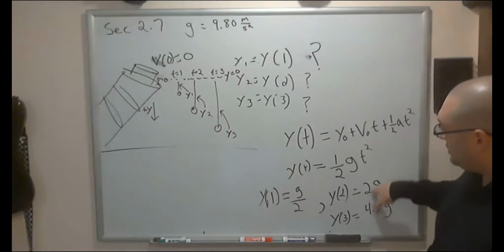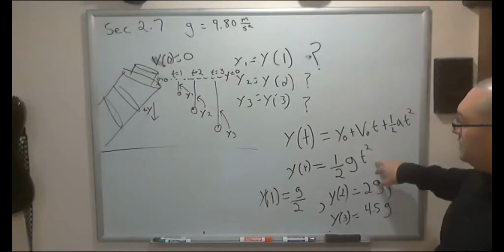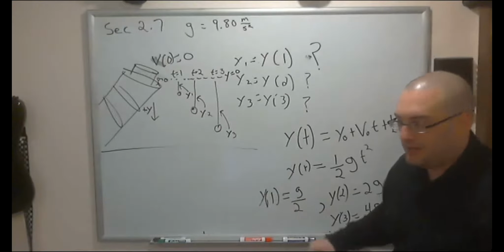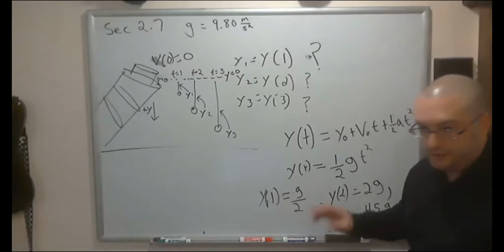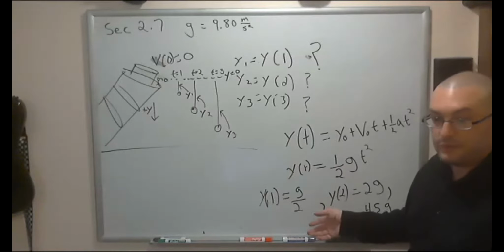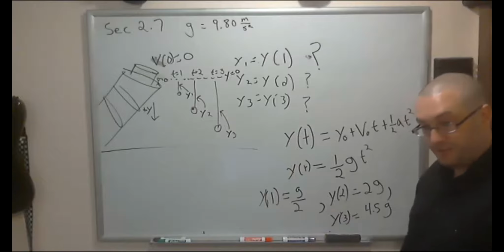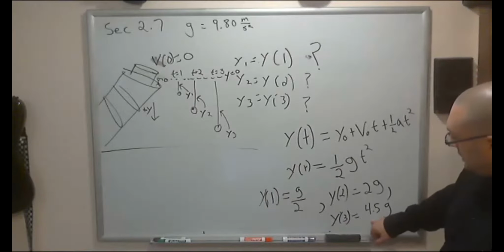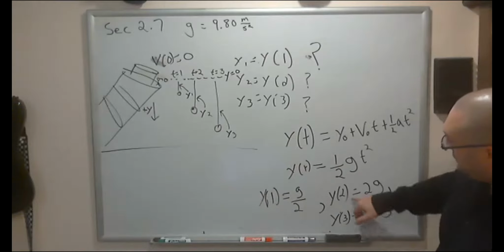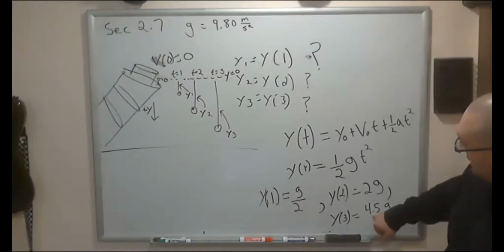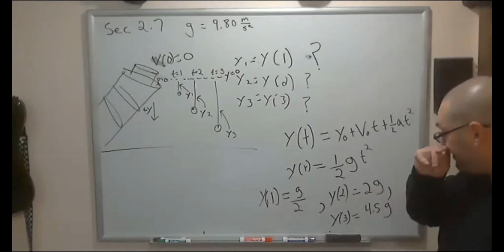Every time you double the elapsed time, it travels 4 times as much. If you quadruple it, it travels 16 times as far. And then for 3 seconds, it's only elapsed 1 more second, so it travels 2.5 g more.